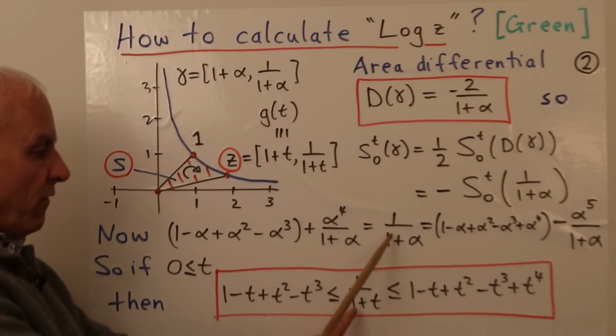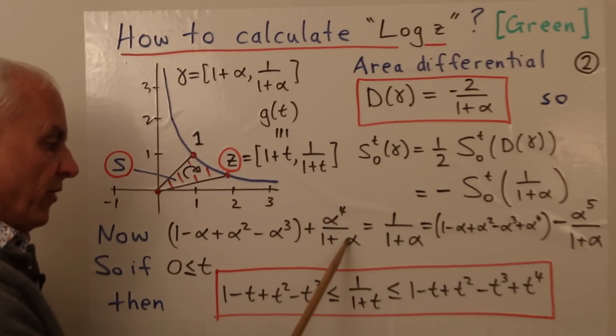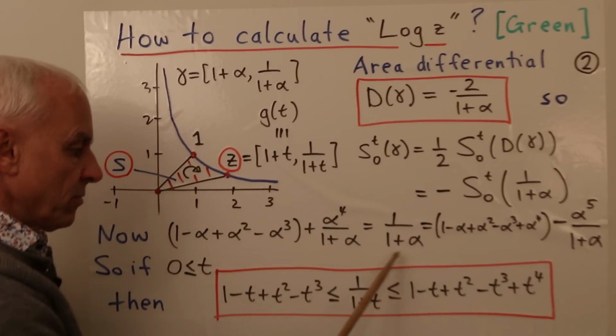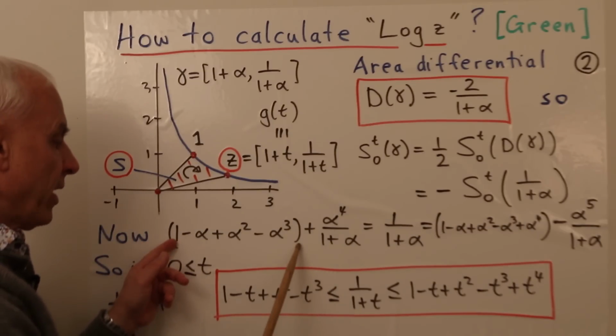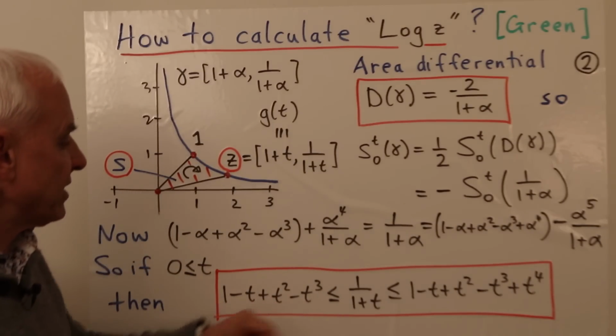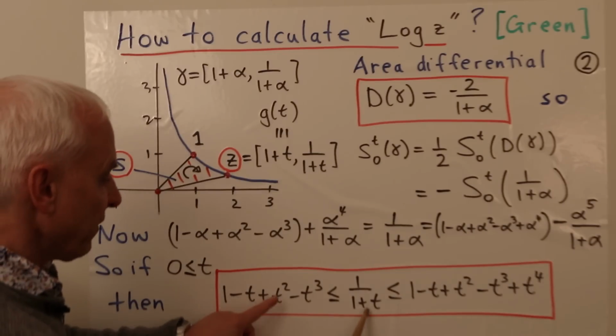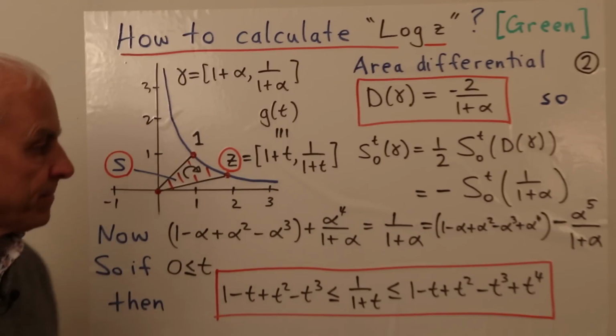And so that means that 1 over 1 plus t is this thing plus something positive. So we can say that 1 over 1 plus t is going to be greater than or equal to this quantity when we replace alpha with t: 1 minus t plus t squared minus t cubed. In fact, we know exactly what the difference here is. The difference is this quantity here when alpha is replaced with t.